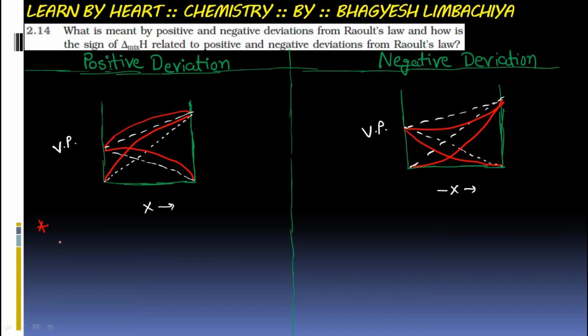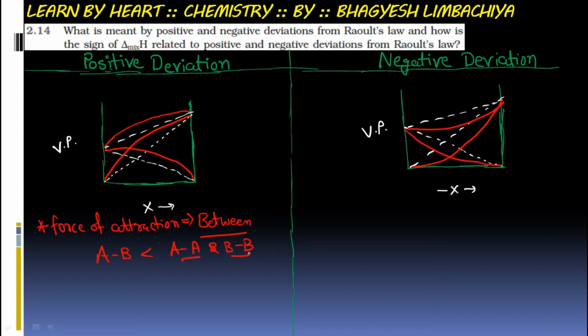Now in a positive deviation the force of attraction between AB is lower than AA interaction and BB interaction.